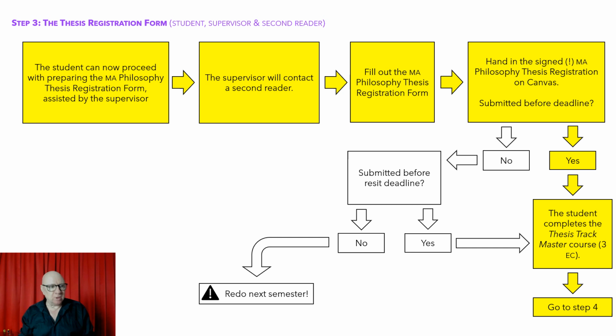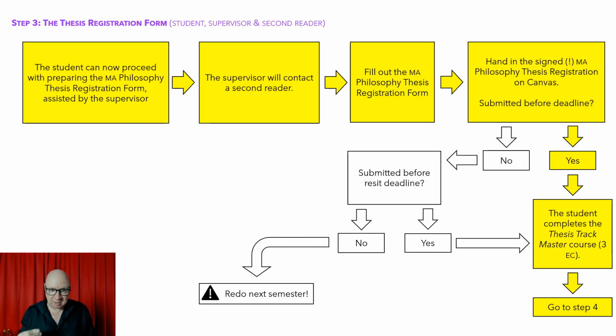So once you have found some consensus about that, the supervisor will contact the second reader. They will take a look at the plan, and if they agree, then everybody signs the thesis registration form. You fill it out, you sign it, and you submit it.